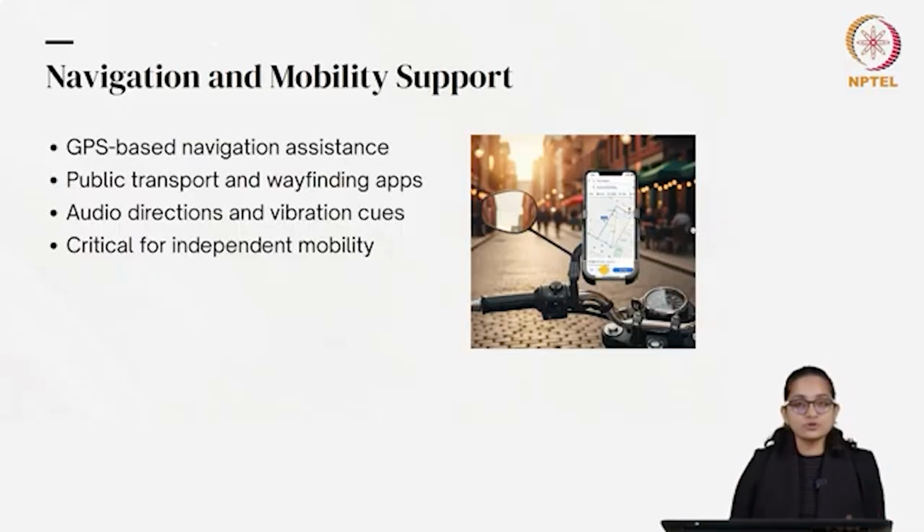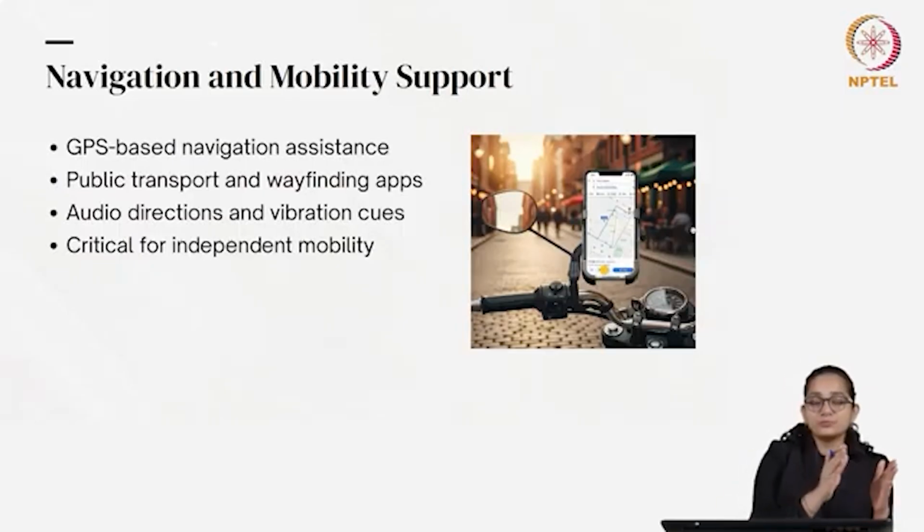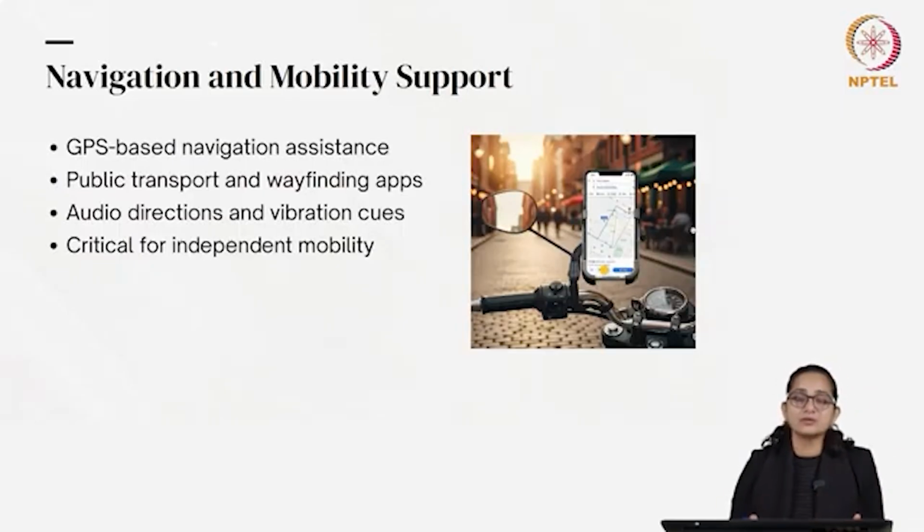And I'm sure all of us have seen people, when we are driving, we put it for map access, or when we are riding a bike, we put it for map access. The same can be true for people with diverse needs, and it is a very reliable source for GPS based navigation assistance. GPS based navigation is already in its very robust stage.